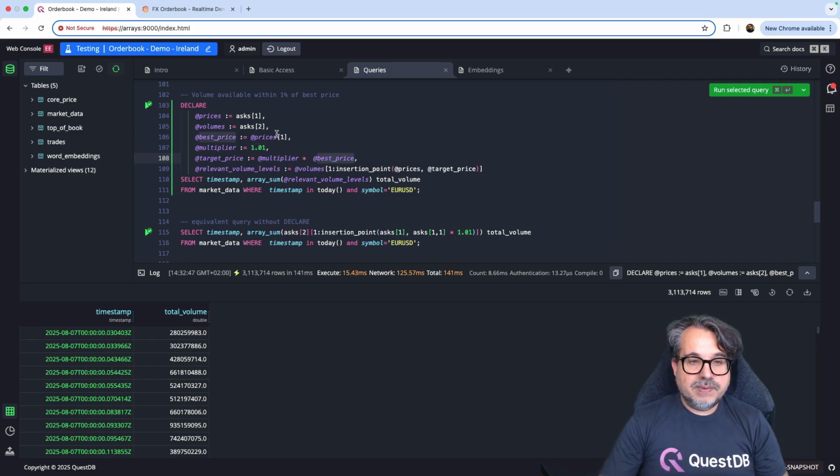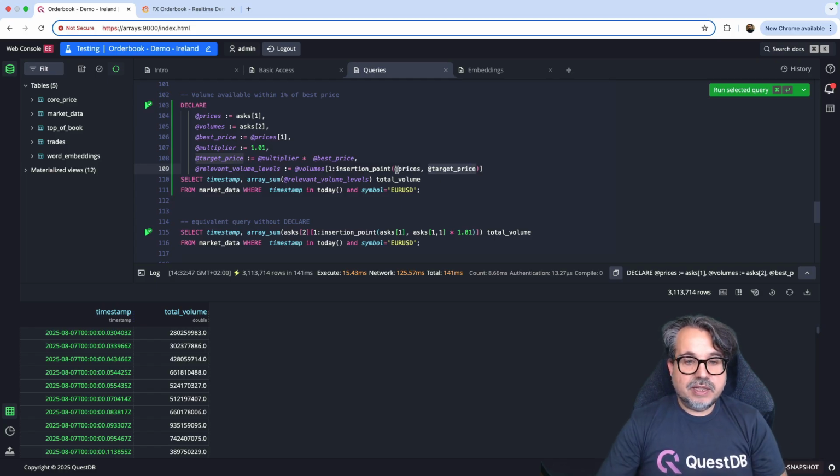So I multiply the best available price times 1.01, and I can use this very convenient function: if I have an array which is sorted, insertion point is going to give me the position of this array where I can find this value or higher.